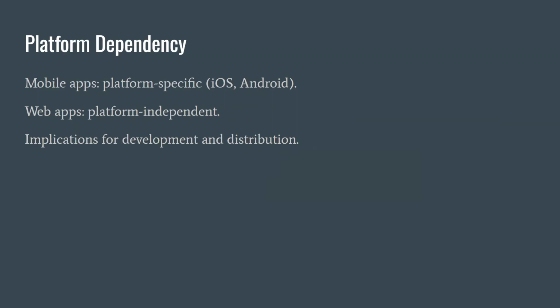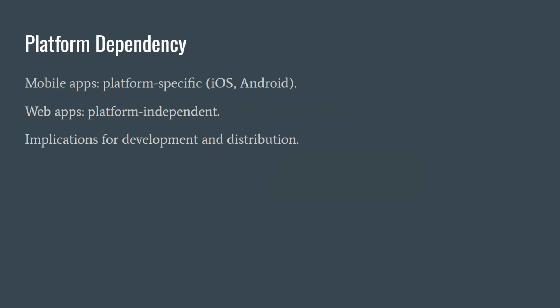Platform dependency. For platform dependency, mobile apps are distinctly platform specific. So an application built for iOS, for example, won't natively run on Android and vice versa. So an application built for Android won't natively run on iOS.